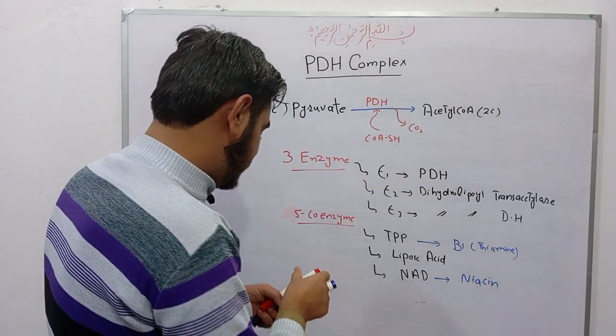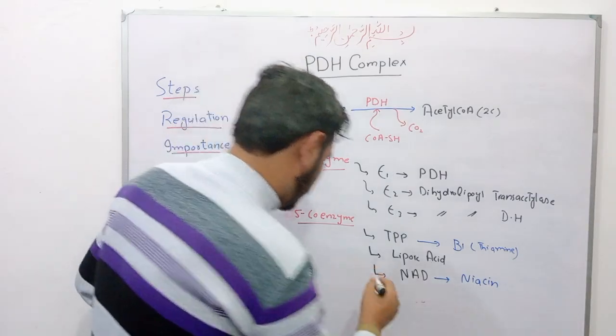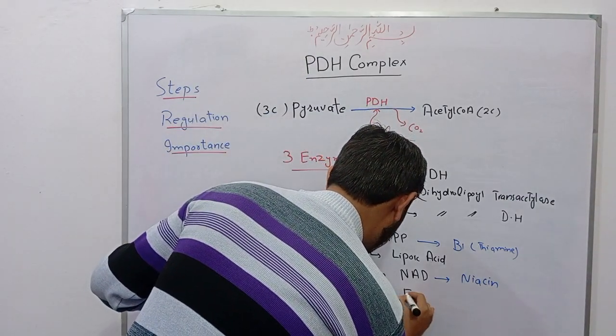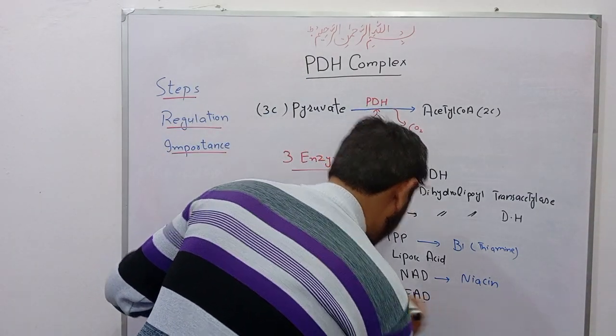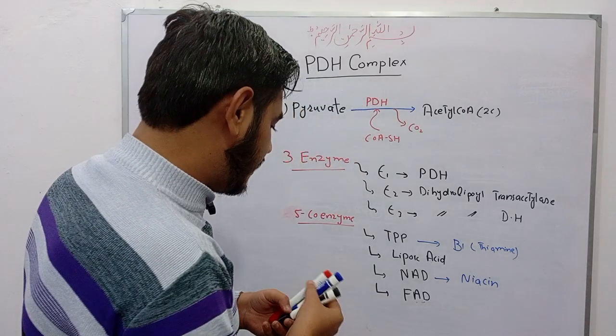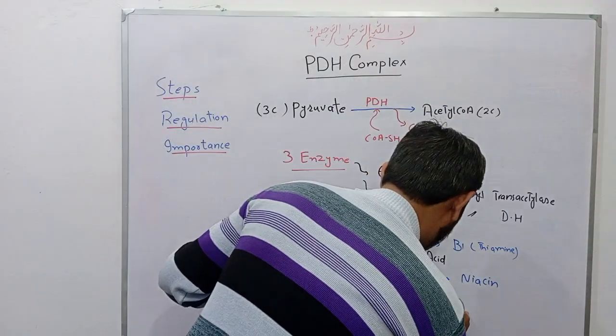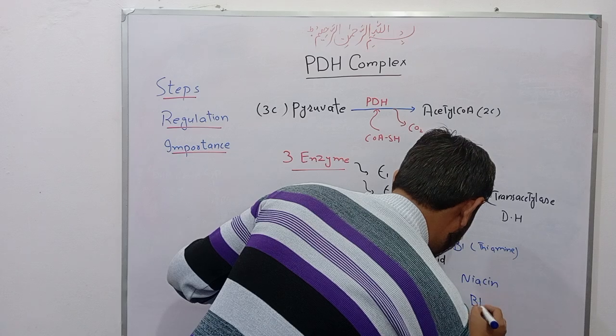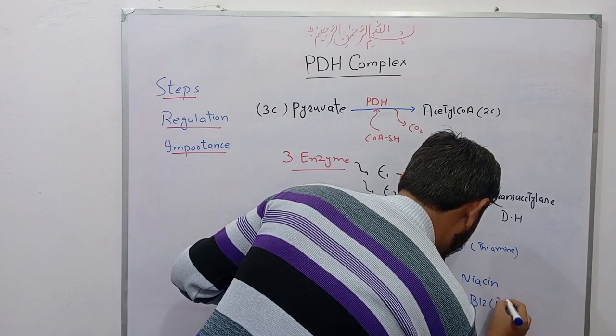The fourth one is FAD, flavin adenine dinucleotide, which is derived from vitamin B2, that is riboflavin.